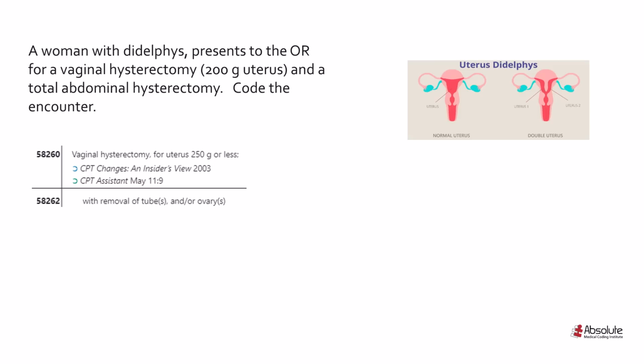All right. So if you look up hysterectomy, it will take you here. You've got 58260 and 58262. 58260 is vaginal hysterectomy for uterus 250 grams or less. And then 58262 is vaginal hysterectomy with removal of tubes and ovaries.